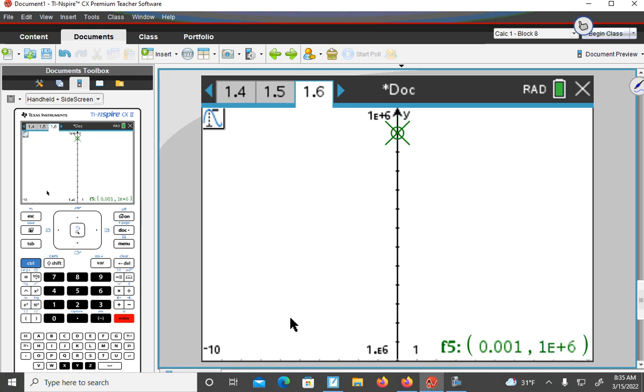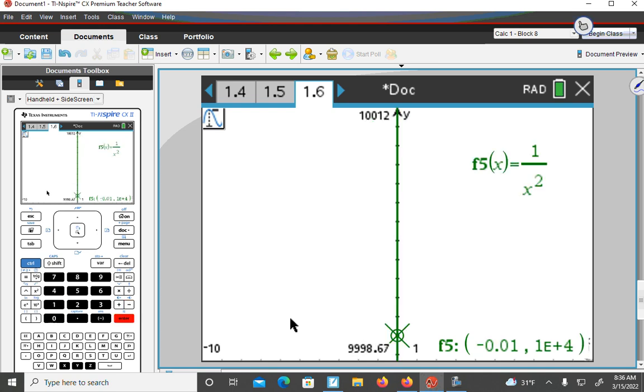So if I do 0.00001, that's going to be ridiculous. It's going to be e to the 10, which is a 1 followed by 10 zeros. Huge number. If I do it from the other direction and do a negative 0.01, it's still going to be a positive number. This is e to the 4, so this is 10,000, and I keep on going.